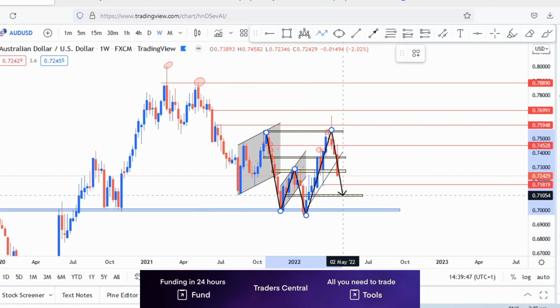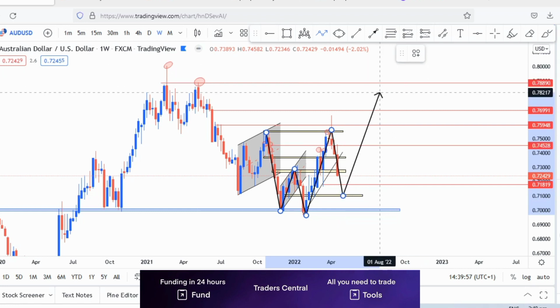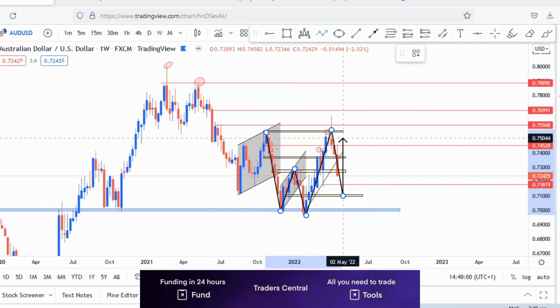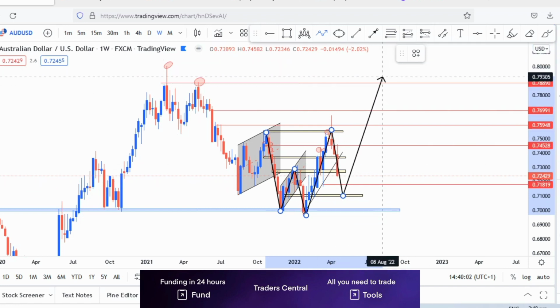So I'm not expecting price to break all the way down to the 0.7 area. Price may end up getting just to the 0.71 area before giving us a sort of reversal to the top, and most likely once price starts to reverse, it will move all the way to the 0.79 area.